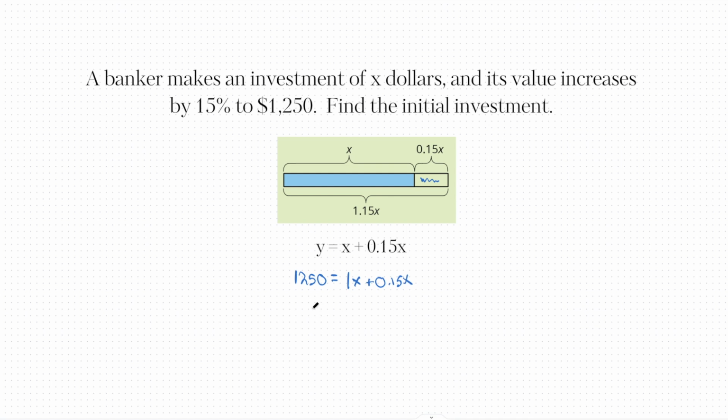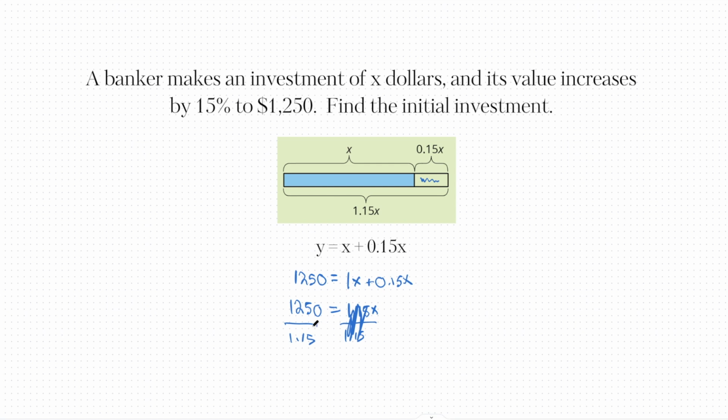Now we can simplify this. It's going to be 1,250 equals 1 plus 0.15 x, which is 1.15x. And now to solve for x, I'm going to divide both sides by 1.15. When I do that, that gives us the original amount that was invested.